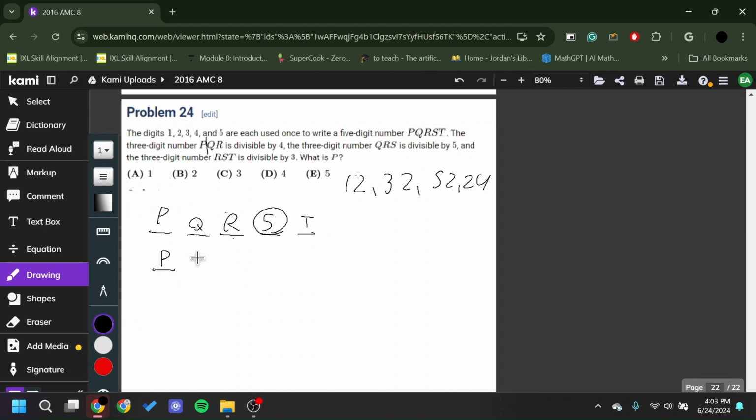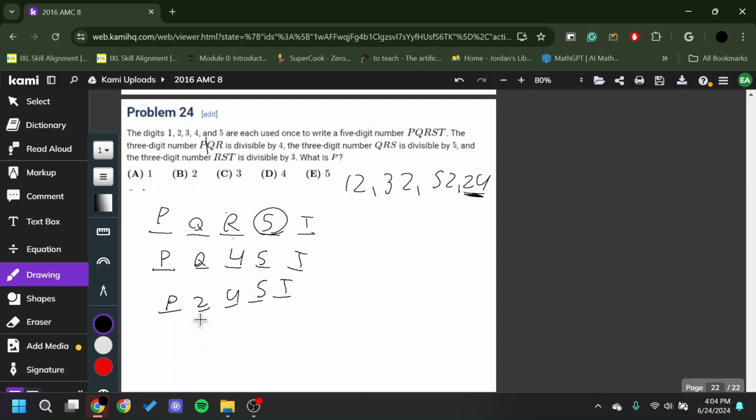So we can write this out: P, Q, 4, 5, T. And specifically, Q also has to be equal to 2 for that to work, because it's going to be 24. So P, 2, 4, 5, T. From here, we can see that R plus S plus T is equal to 9 or 12.